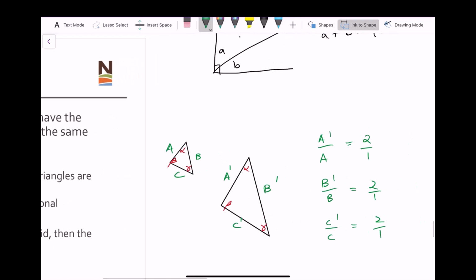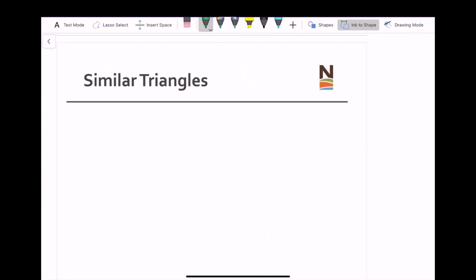For example, if you know that A prime to A is a ratio of 2, and let's say we know the length of B prime is 4, but we don't know what the length of B is, since it's a 2 to 1 ratio, we can easily calculate that. If B prime is 4, then B is 2. You can also look to page 26 for more practice problems on this.